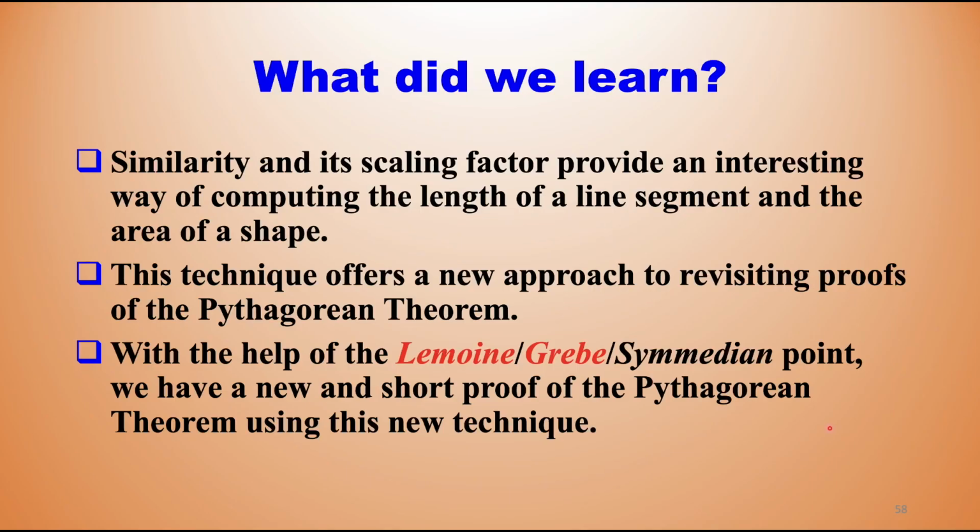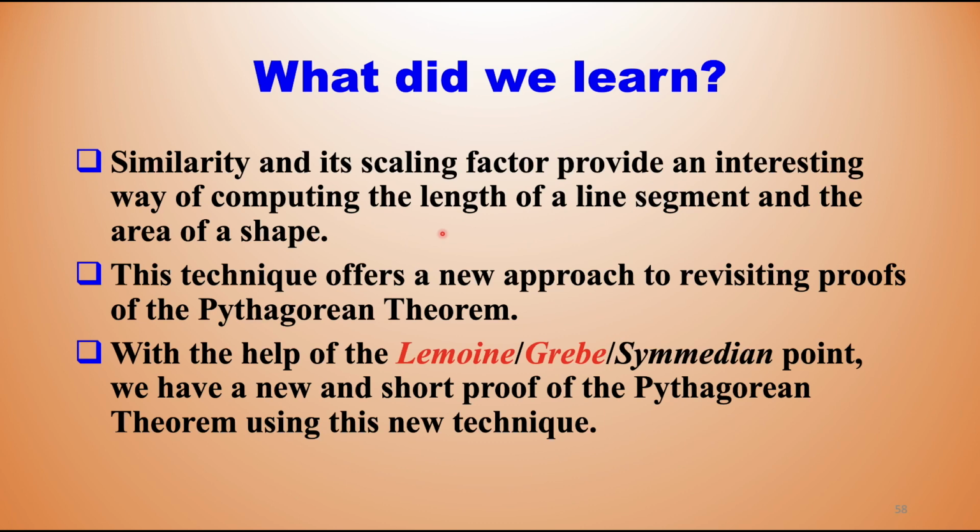So what did we learn? First, similarity and its scaling factor provide an interesting way of computing the length of a line segment and the area of a shape. This approach offers a new way of revisiting proofs of the Pythagorean theorem.